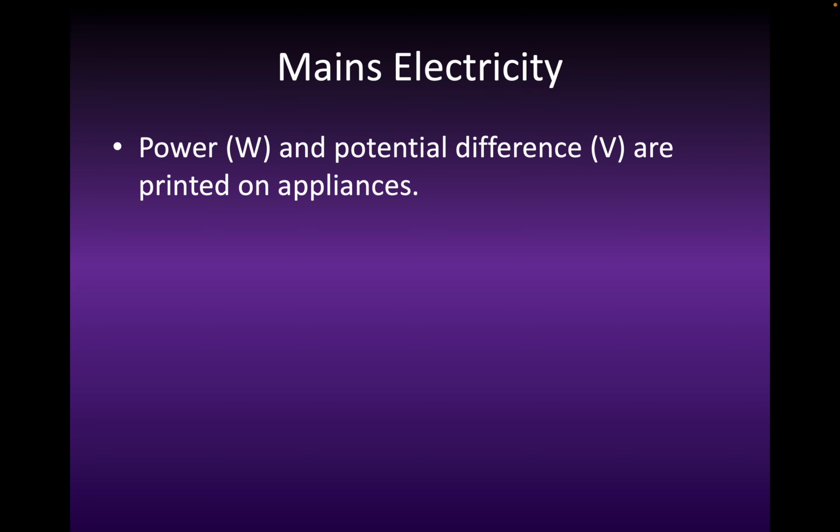The other day I showed my year 11 students how you could determine how much electrical energy was being supplied when you boil some water in a kettle, and we were looking at the thermal energy that can be stored in water. This is something you'll study in year 11 called the specific heat capacity of water.